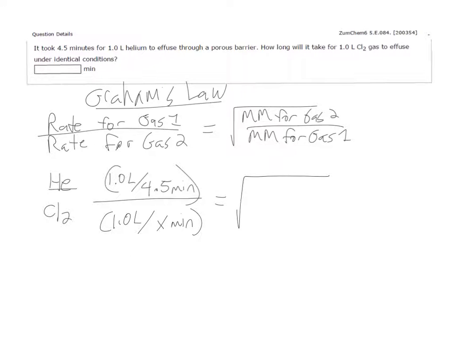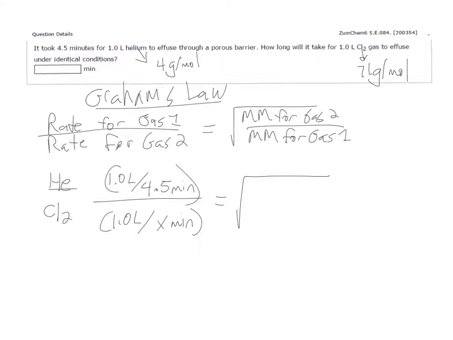And that ratio should be equal to the inverse of the two gases' molar masses. In the case of chlorine, it's 71 grams per mole because there are 2 atoms of chlorine in it. And in the case of helium, it's 4 grams per mole. That's a noble gas.